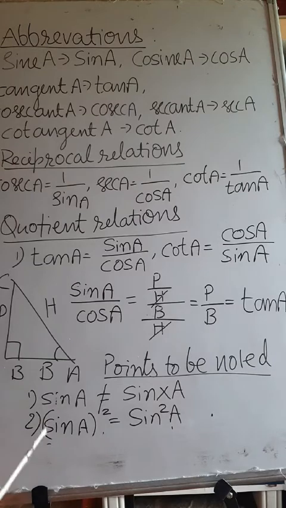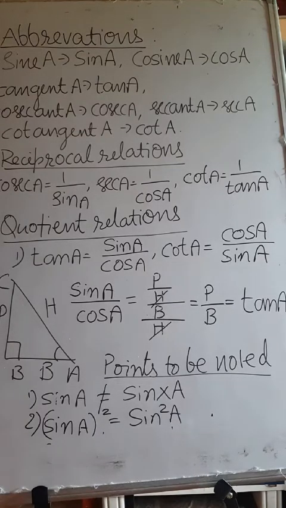Okay. Next, sin A whole square can also be written as sin square A. If cot A whole square is there, then you can write it as cot square A. These are some simple points you should take care of. If anybody asks, you should know what sin A is. You can't tell it as sin into A. It is sin of angle A. And the second point is very important while solving sums.